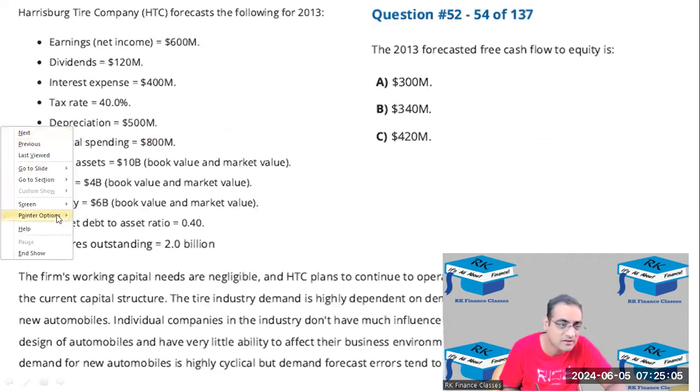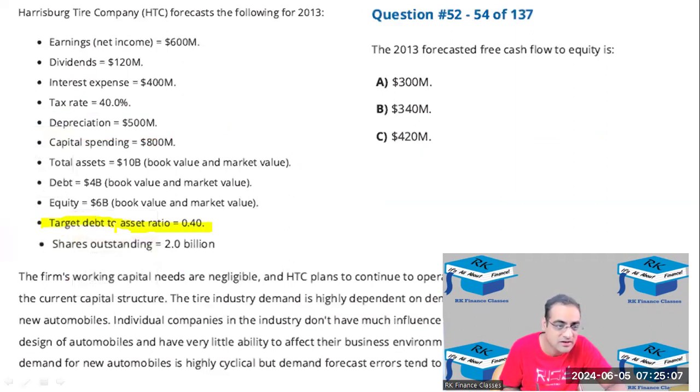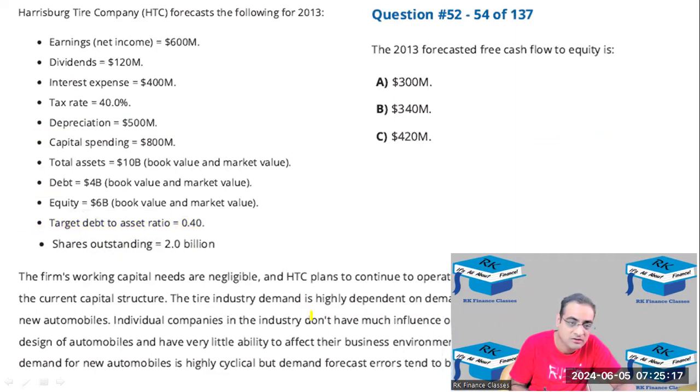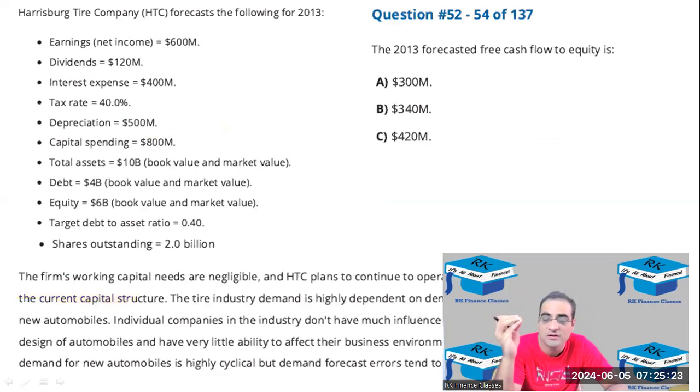We have been given that we are going to have a debt to asset ratio of 0.4, and they plan to operate with the current capital structure. So basically, whatever we spend on working capital needs and on capex, 40% of it is going to be taken as a loan.